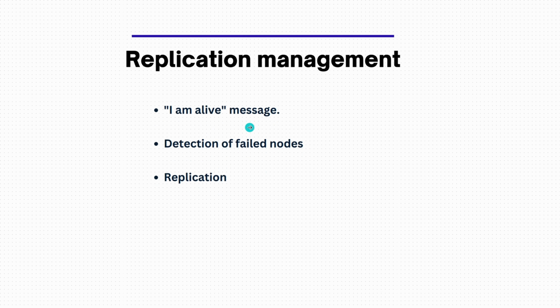This is the I'm alive message that you can see here. And after a given amount of time, if one server doesn't send this message, so if the master node doesn't receive a message from maybe chunk node 1 saying I'm alive, it will just mark this node as a failed node. That node is not in our network anymore.